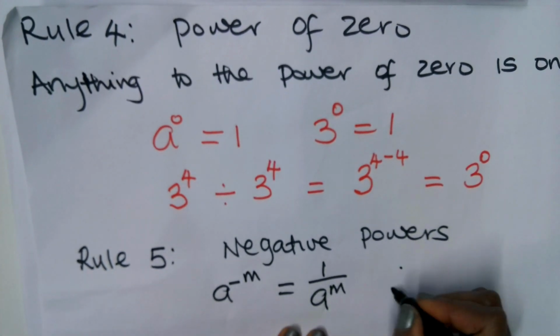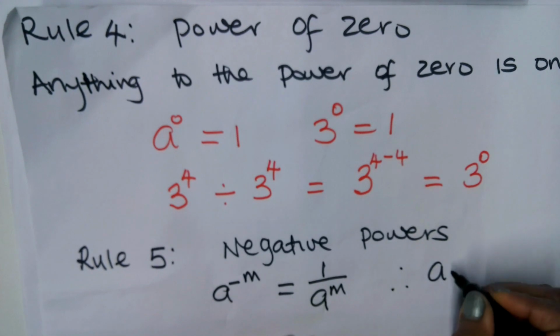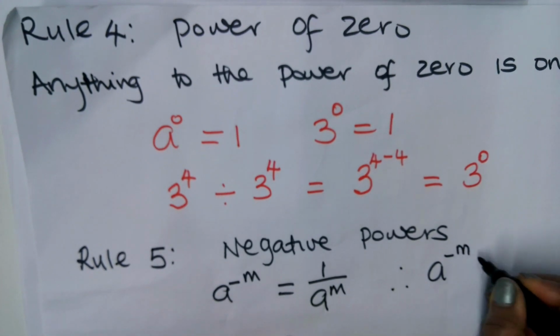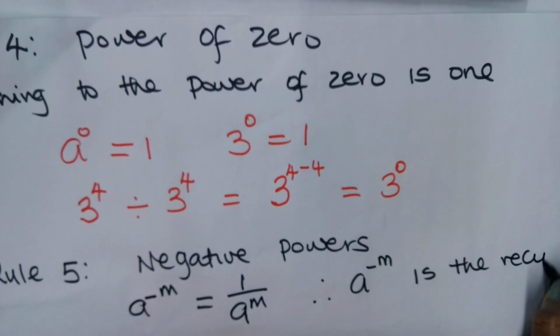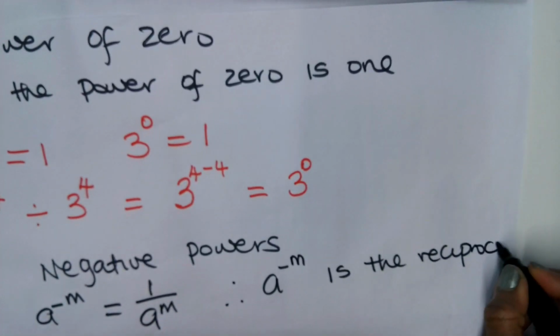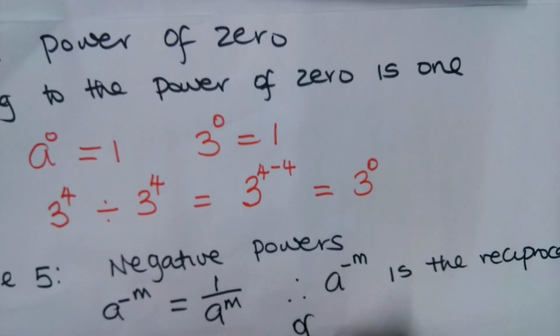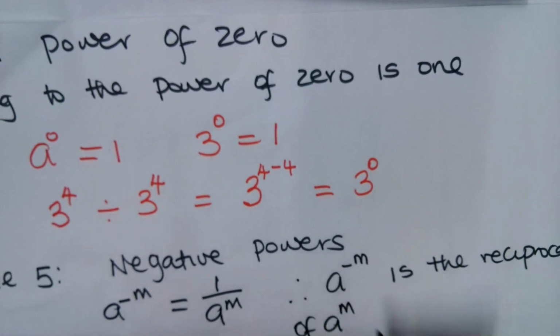So therefore, we know that a raised to the power of minus m is the reciprocal of a raised to the power of m.